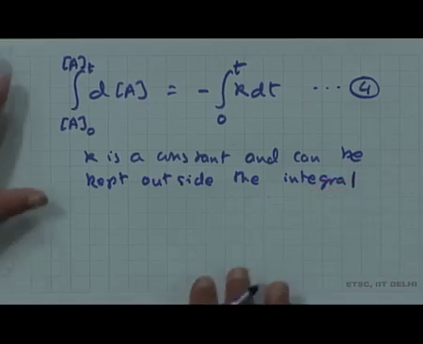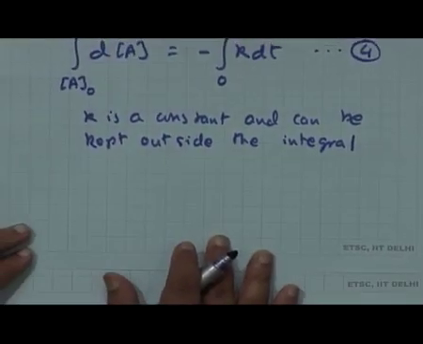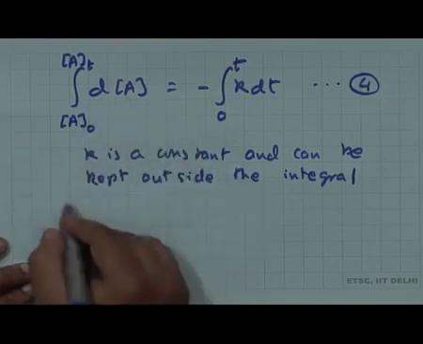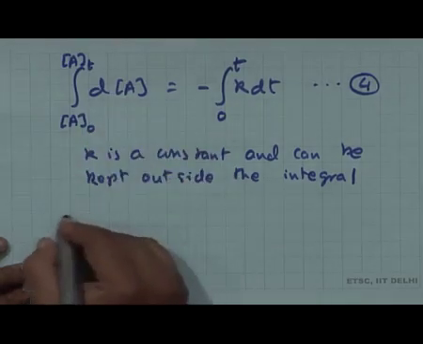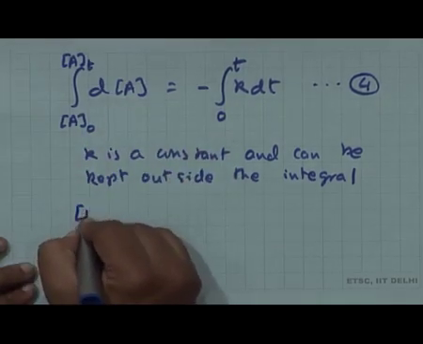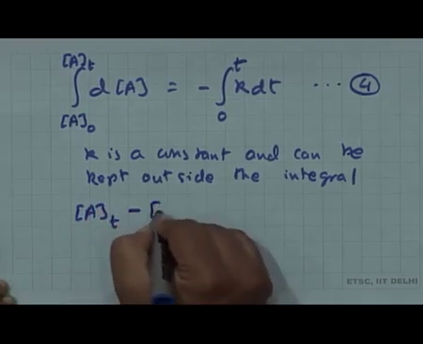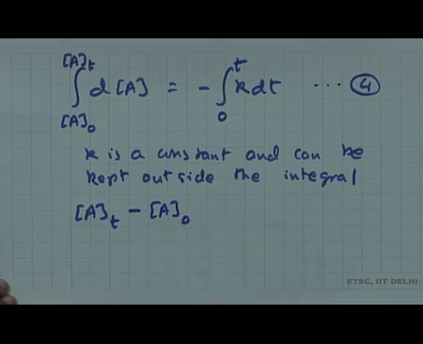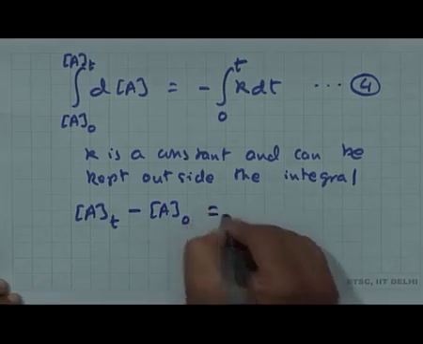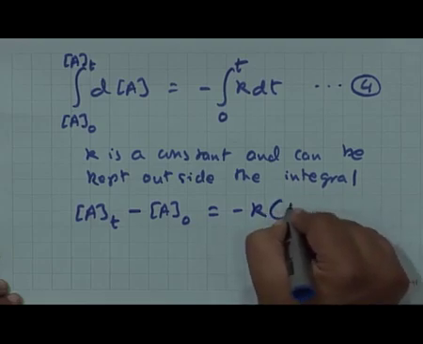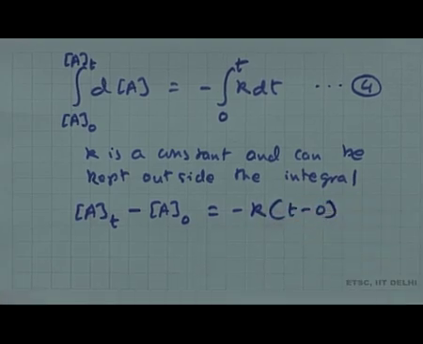If that is so, then immediately, I integrate the first one on the left hand side, and it would be A t minus A at time equal to 0, is equal to minus k times t minus 0, right.